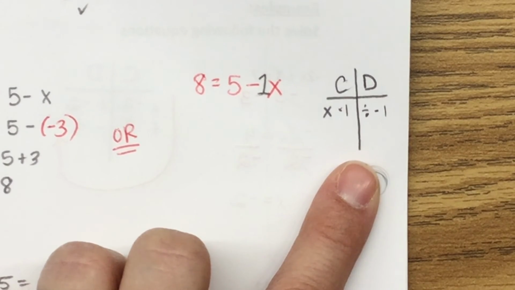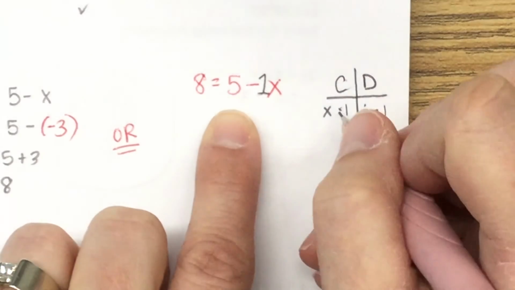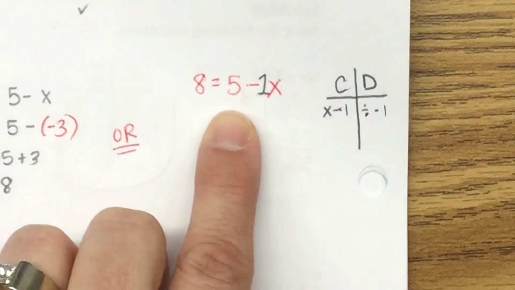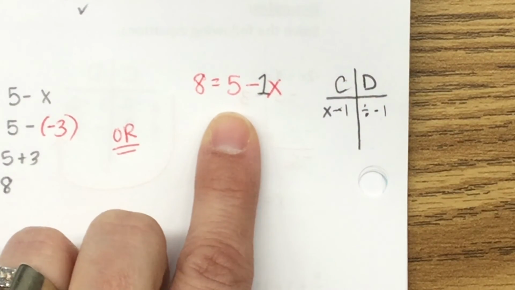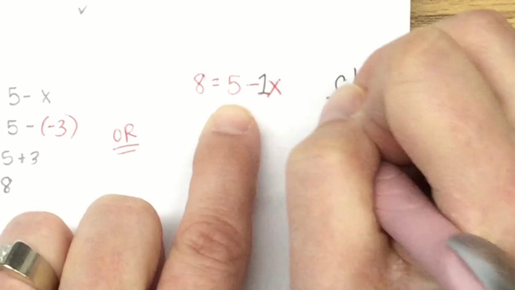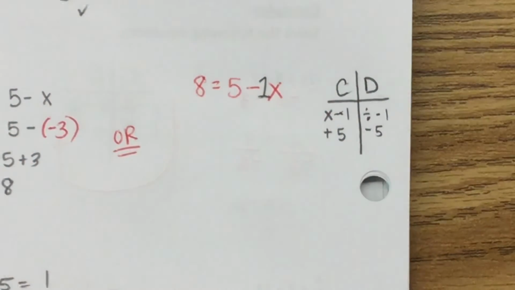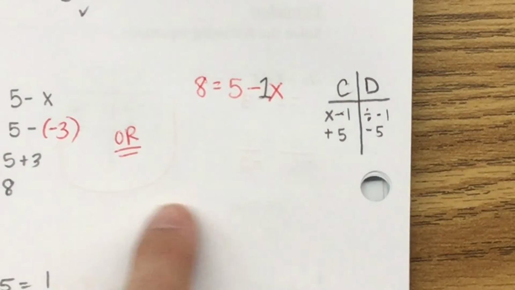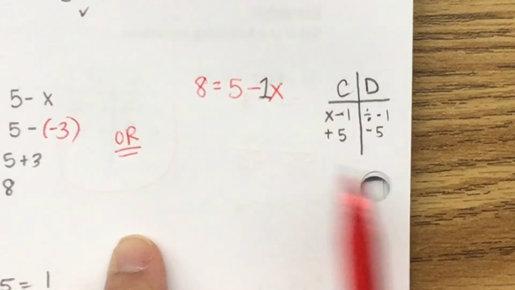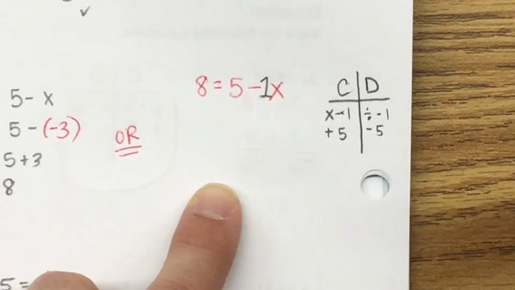Ariel, what's the next thing happening to x here? Okay, so we're going to have to subtract 5 because right here we are adding 5. So if you took this method, the first thing we would want to do is subtract 5 from both sides.